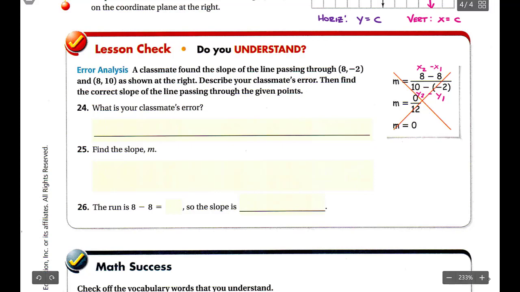So let me just write that out here. It's rise over run, not run over rise. And that's what this student has done. They've done the change in x over the change in y.